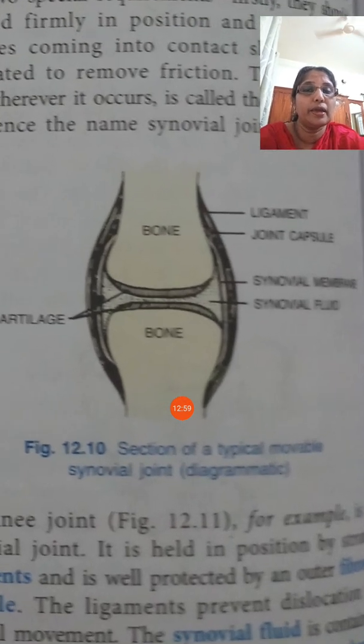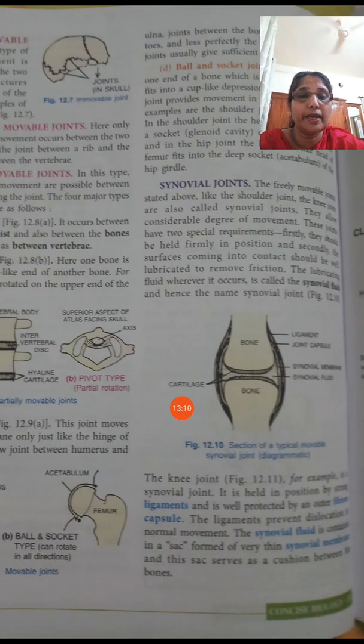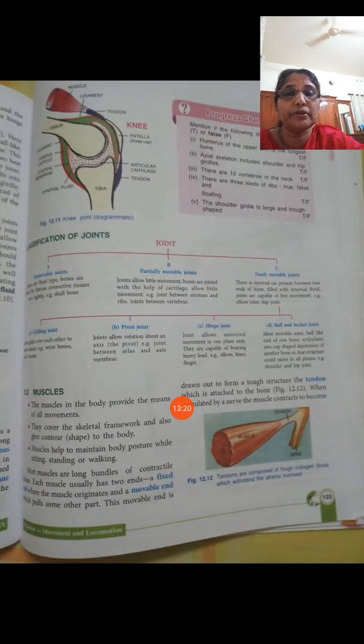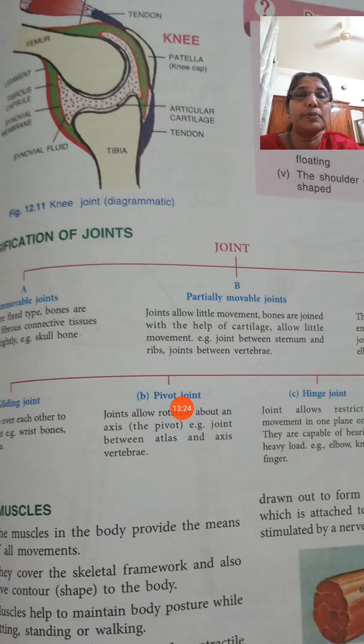A tough, capsule-like ligamental region is protecting the liquid from escaping out. Certain ligaments are also present that hold the bones in position. So you learned about the synovial joint. In the knee also, you can see the synovial fluid is present.